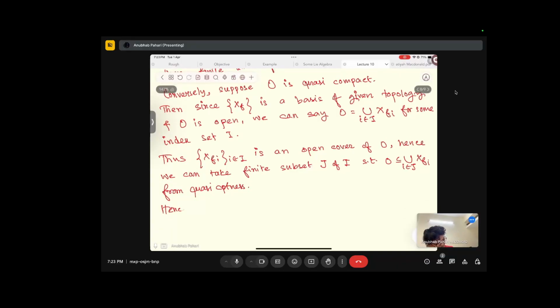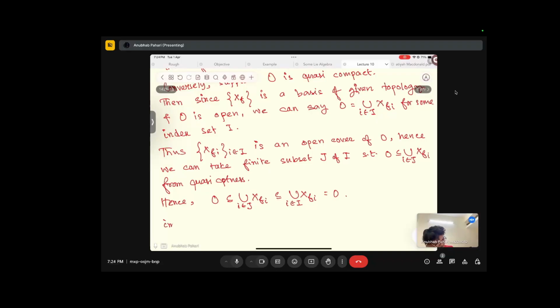Hence O equals the union over J of X_{φ_i}, a finite union of sets.